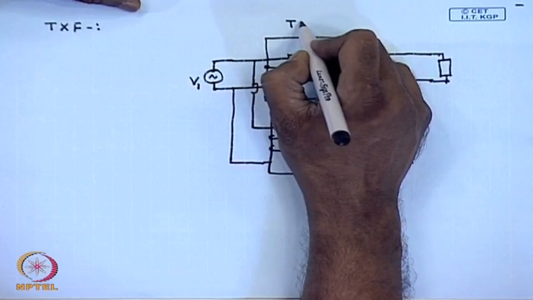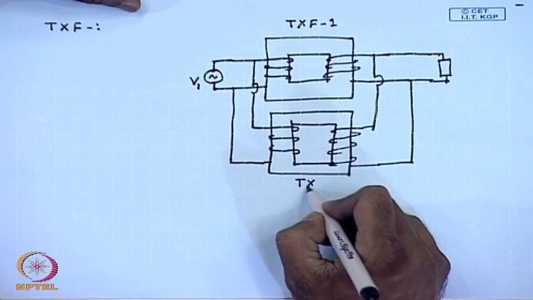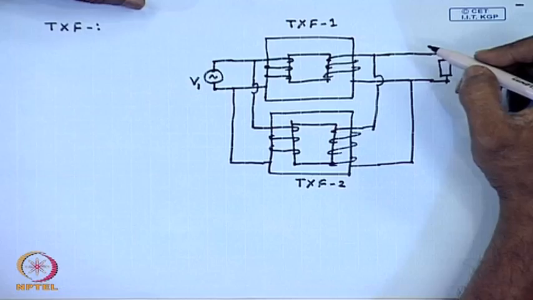Let us call it transformer 1 and this transformer 2. Both input and output are in parallel.